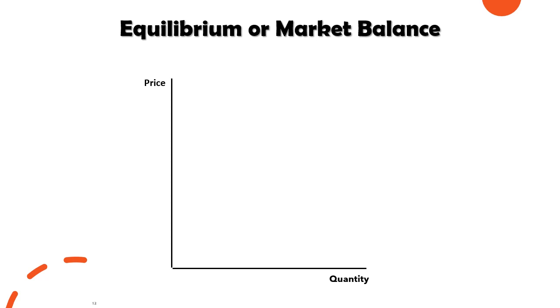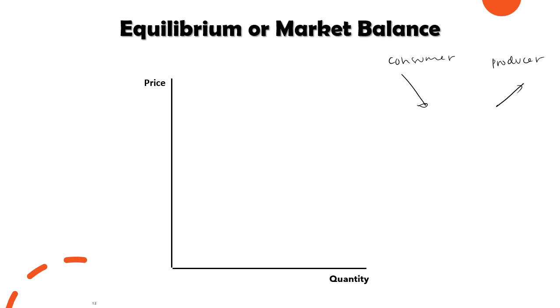Now, from the consumer side, they always want the price to be down, and for the producer, the price is always up. So the consumer and producer should deal at one point where they agree that at a certain quantity the price is this value.